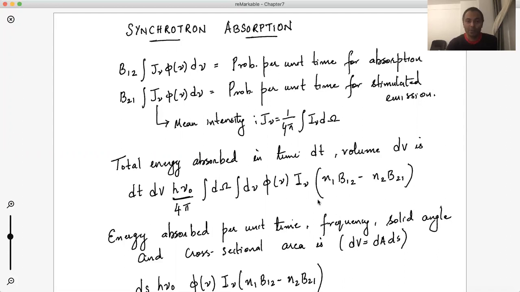You can pause the video and look at this expression. This whole thing gives the total number of absorptions per unit time per unit volume. Then h nu is the energy, so I get energy per unit time per unit volume. Multiplying by time and volume, I get the total energy absorbed in time dt and volume dv.